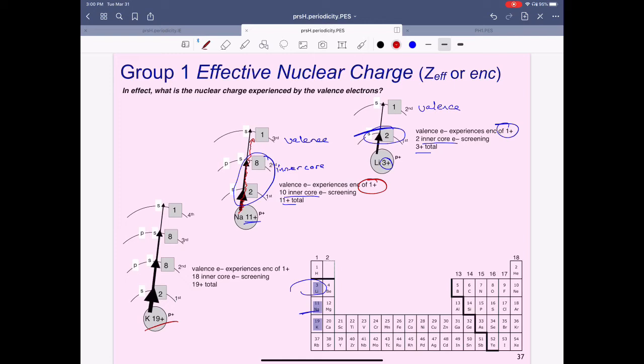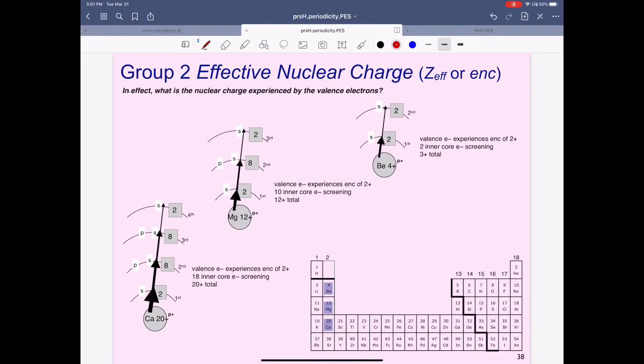Same happens with potassium, also in the first column of the periodic table, with 19 total protons, an inner core of 18. What does this valence electron experience? Again, 1 plus. 19 minus 18, 1 plus.